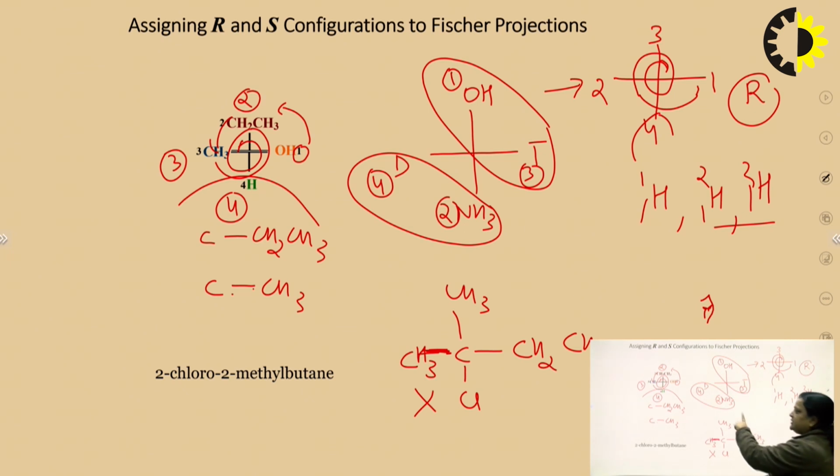If you interchange 1 pair, it will be a 90-degree rotation, which is not permissible. So generally interchange 2 pairs, so it will be 180, which is allowed. After 180-degree rotation, number 4 will definitely be either above or below the plane. Then leave it and rotate, and then we can check whether it is R or S.